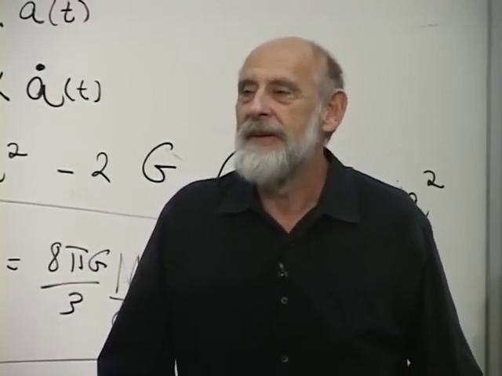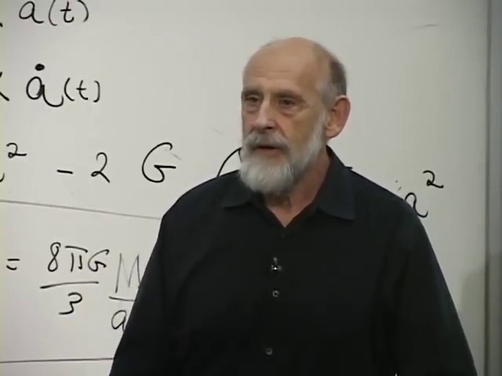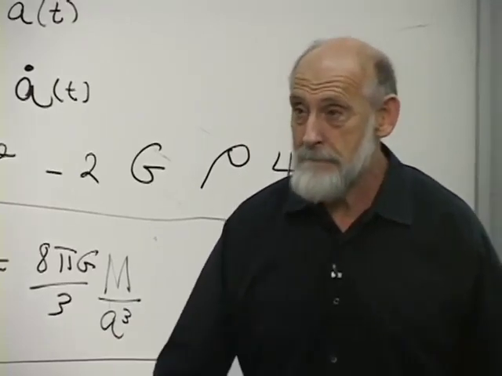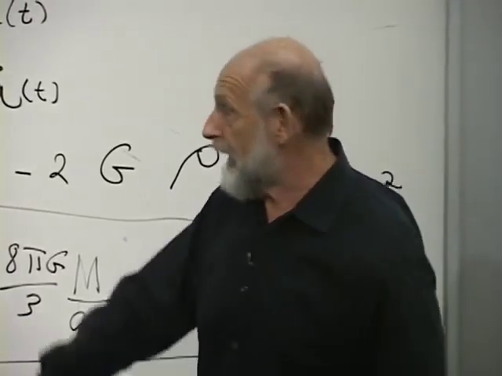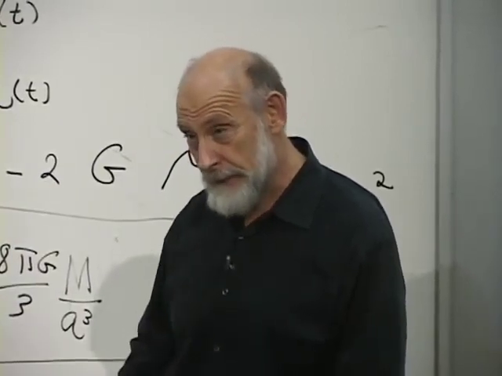This all seems to depend on an assumption of an open universe. Yes, it depends on the universe being flat. I've used flat spatial geometry. We're going to come to that.